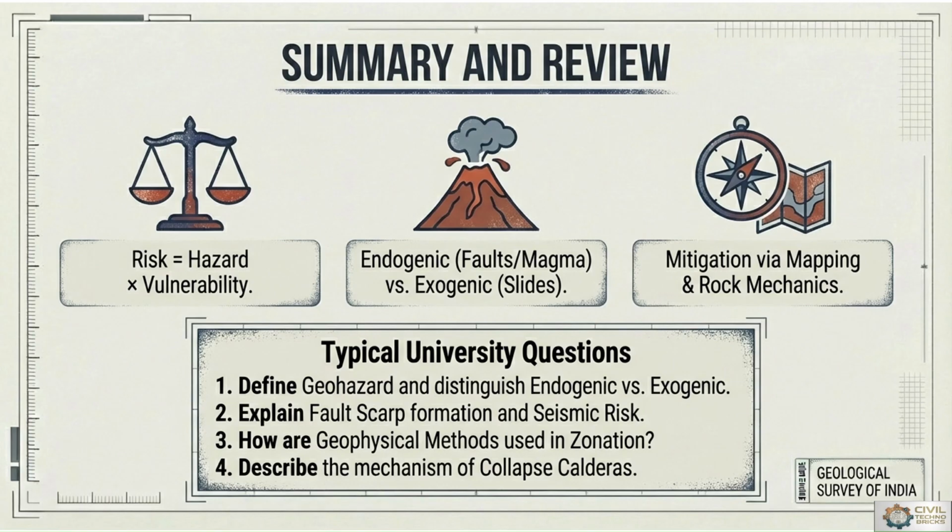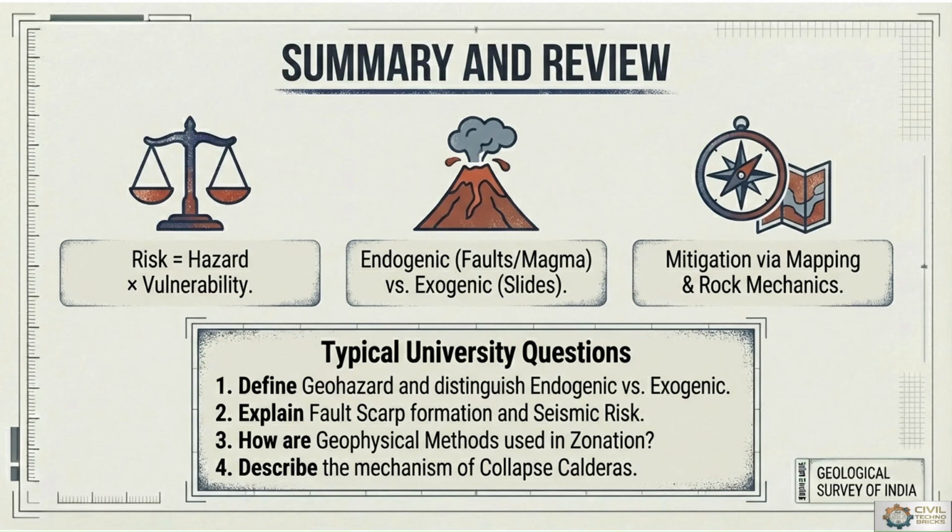At the end, in summary, geohazards are geological processes capable of causing structural and environmental damage, which explains the difference between endogenic hazards and exogenic hazards. Here we discuss the importance of geological mapping and rock mechanics in hazard mitigation.